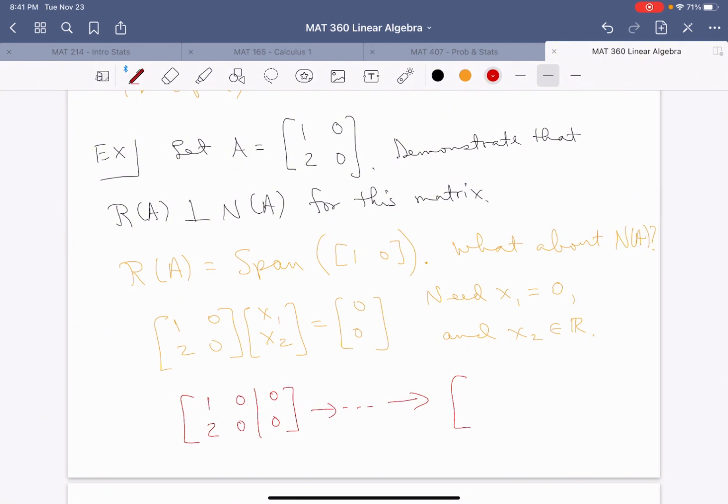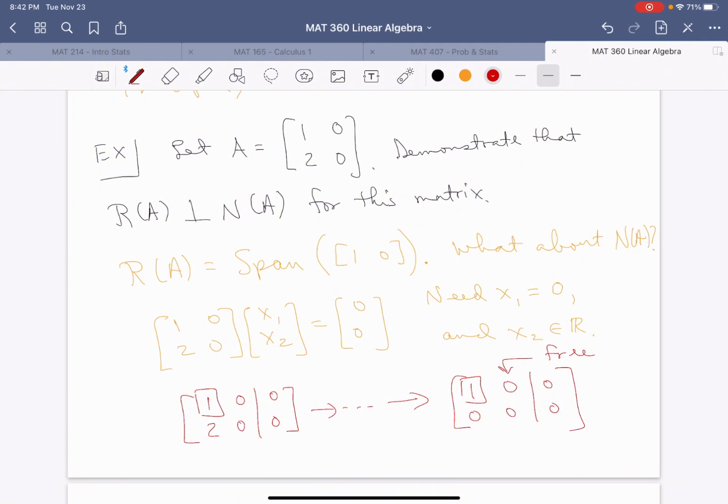I think it's easily seen that this will just give us a whole row of zeros at the bottom, so essentially just the first row survives, and so x2 is our free variable and x1 is our pivot variable.